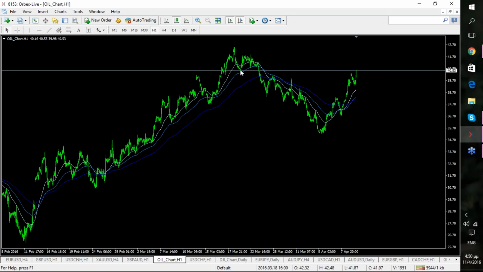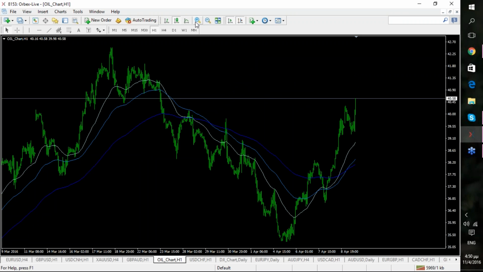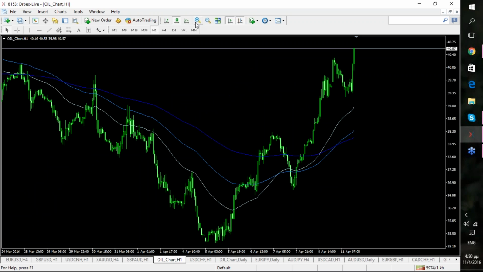Even though there's a support level, this support level may turn into resistance. So these are areas that you would need to be careful with. So if, let's say, on the 1 hour chart, looking at prices, as you can see, it's just shooting upwards.